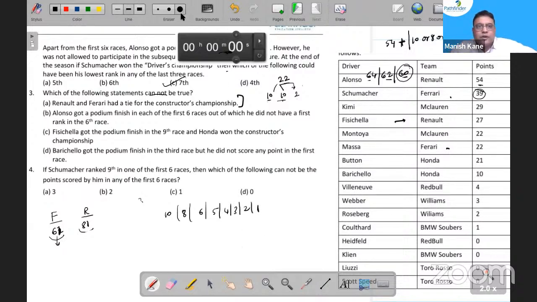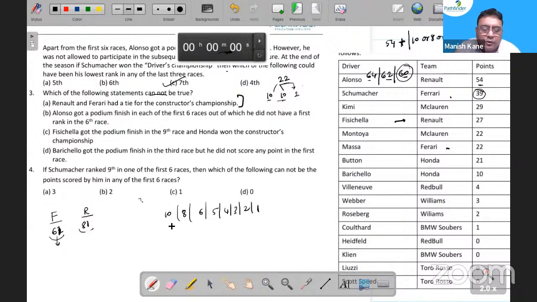Now you have to see in how many ways the difference of these 2 scores can be 20. See, have you understood the problem or not understood the problem? 6 scores should give a difference of 20.